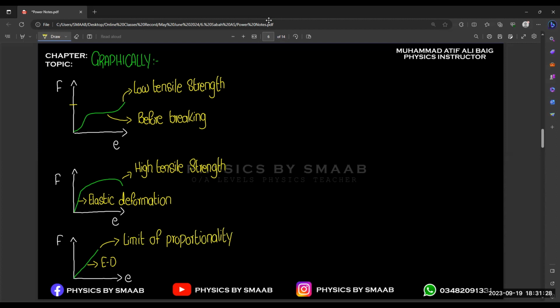So this is the concept of different graphical representations for elastic deformation.